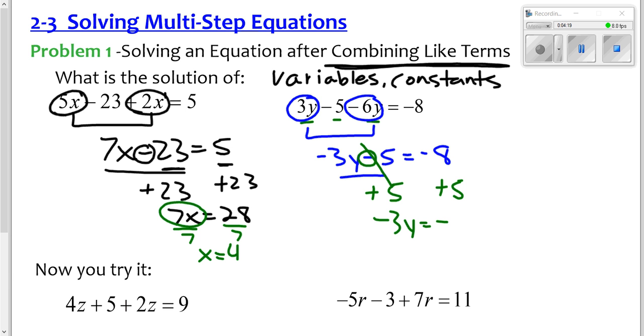The 8's bigger, so its sign was negative, so my answer is negative. The difference between 8 and 5 is 3. I can go ahead and divide now. Remember, this is multiplication. Divide by negative 3. And I get y is now positive 1. So please be careful with your signs on that one, okay?